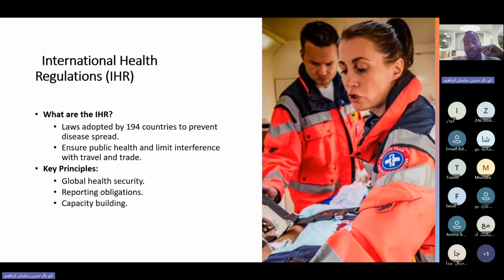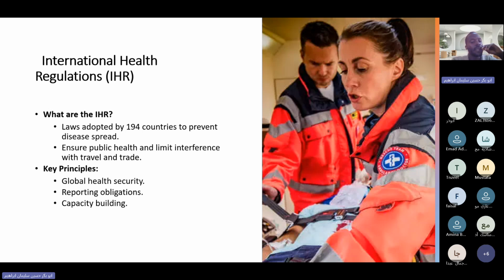If there is an outbreak or epidemic taking place in Sudan, the Federal Ministry of Health should make a report to the WHO or another agency to inform them that in Sudan there is cholera, or Ebola, or some other disease.